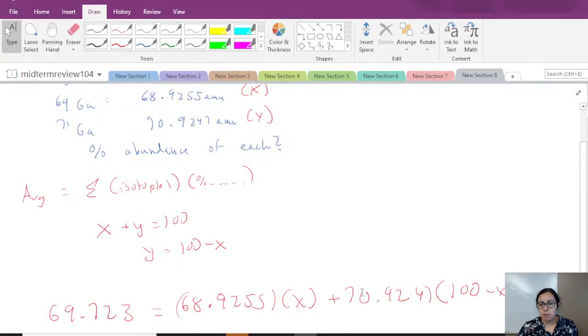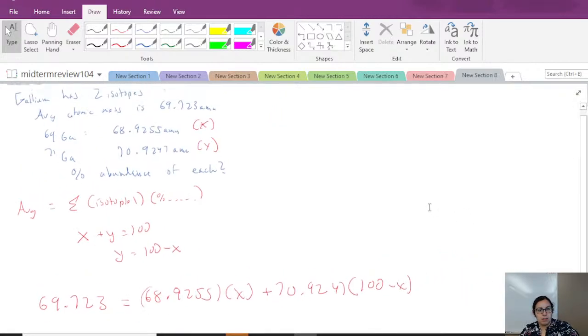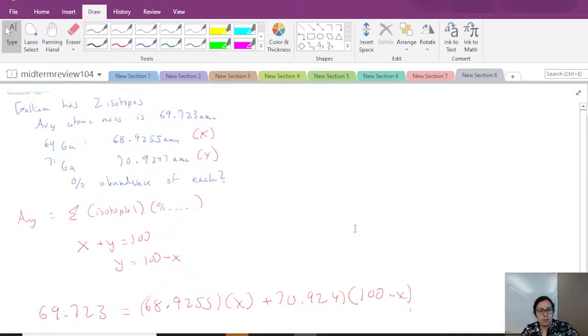You have to distribute the 70s, so 70 times 100, and then 70 times a negative X. I'll give people a few minutes to punch through the algebra, and then we'll go over the answer. Try to show everything, and zoom in if you need as well.